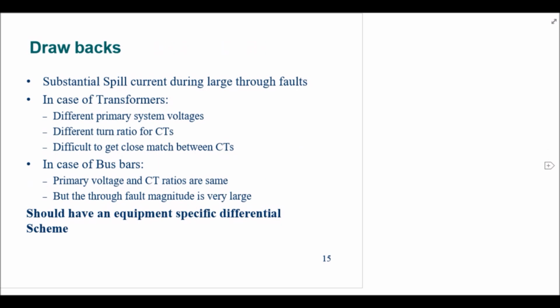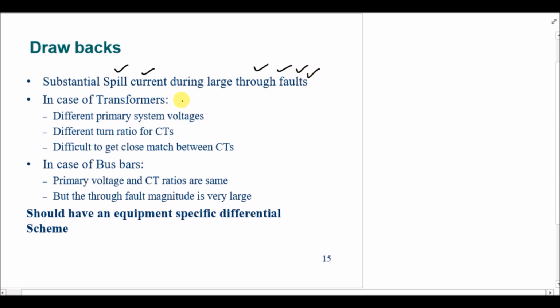Lastly, there are some drawbacks related to the differential protection scheme. During large through fault currents we have a spill current that is more than the plug setting, which is substantial, and it will operate the relay falsely, and we have already discussed that.